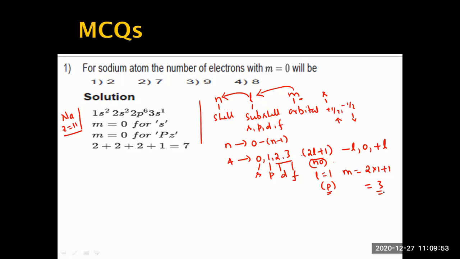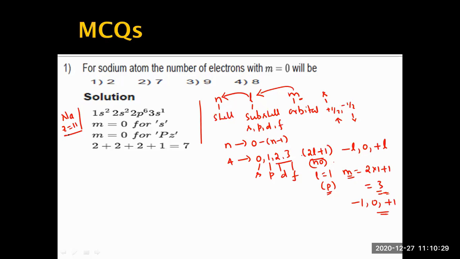How many m values are possible? 2 into 1 plus 1 is 3 values. So in the p subshell there are 3 orbitals, each with its own orientation, given by minus L, 0, plus L. The 3 values of m are minus 1, 0, plus 1. This is done in detail at the beginning of the atomic structure chapter. Let us come back to this now.